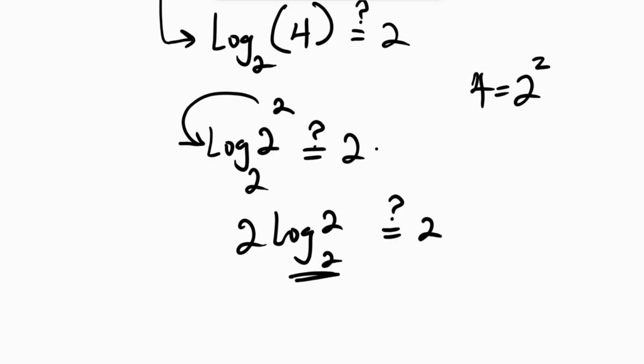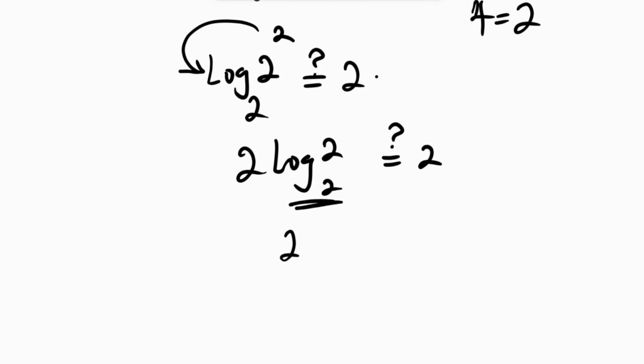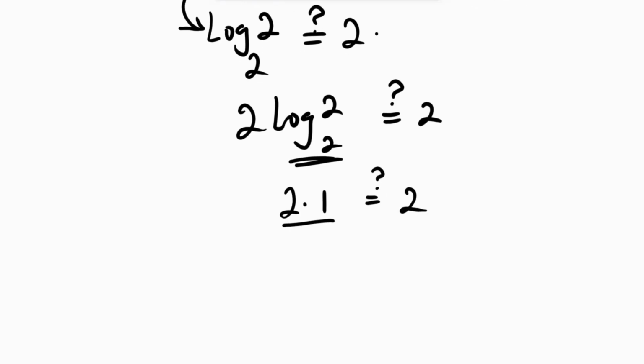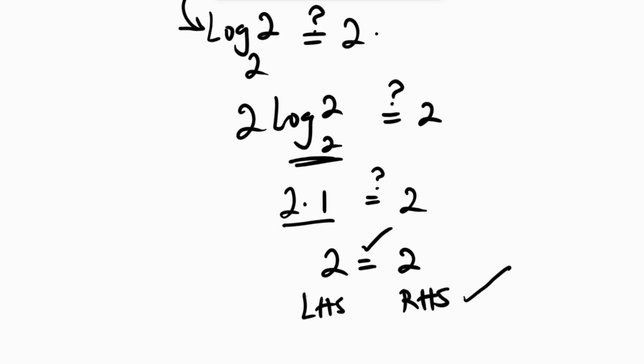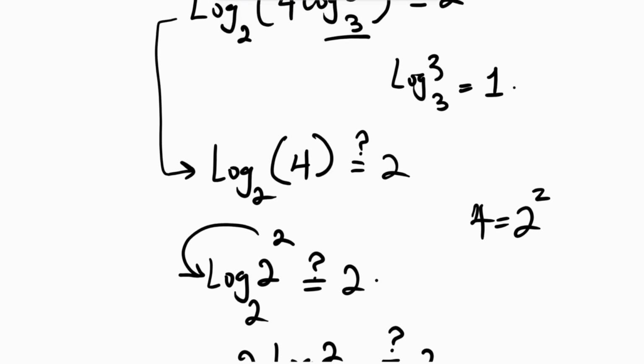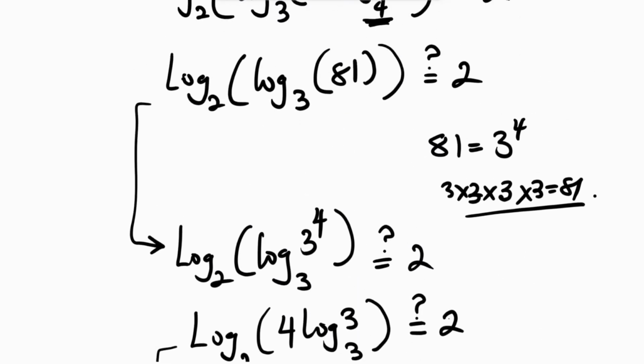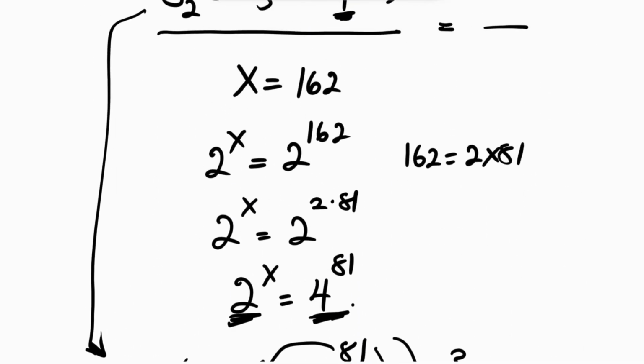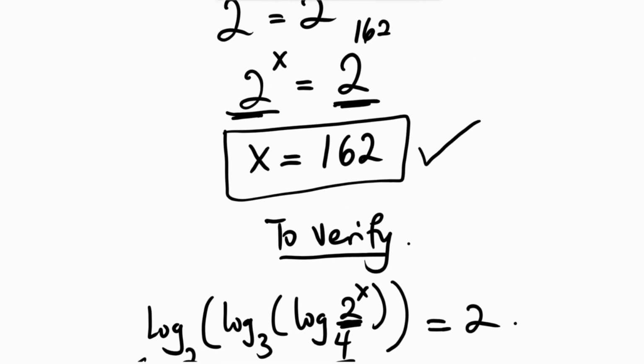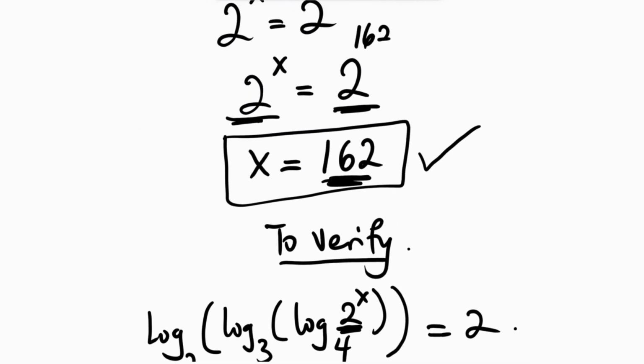And log of 2 base 2 is 1. So we have 2 times 1. 2 times 1 will give us 2. And we can see that what we have on the left hand side is now equal to what we have on the right hand side. So this simply proves the fact that our value of x, which is 162, is the correct answer.